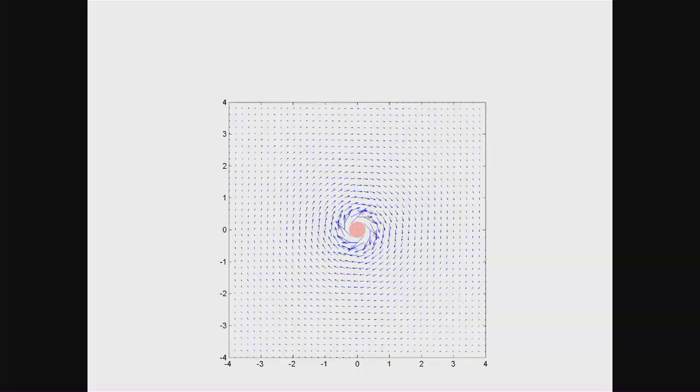Please remember that, similar to a source and a sink, a potential vortex has a singularity when r is equal to 0, at the center. So you will have to do error trapping at the center. If not, your velocities will blow up to infinity. Now, here's a single lonely potential vortex.